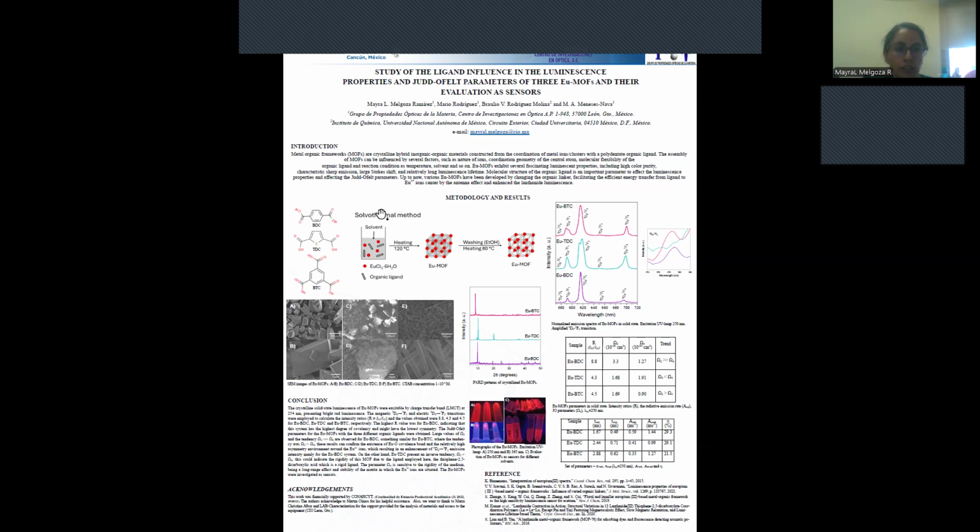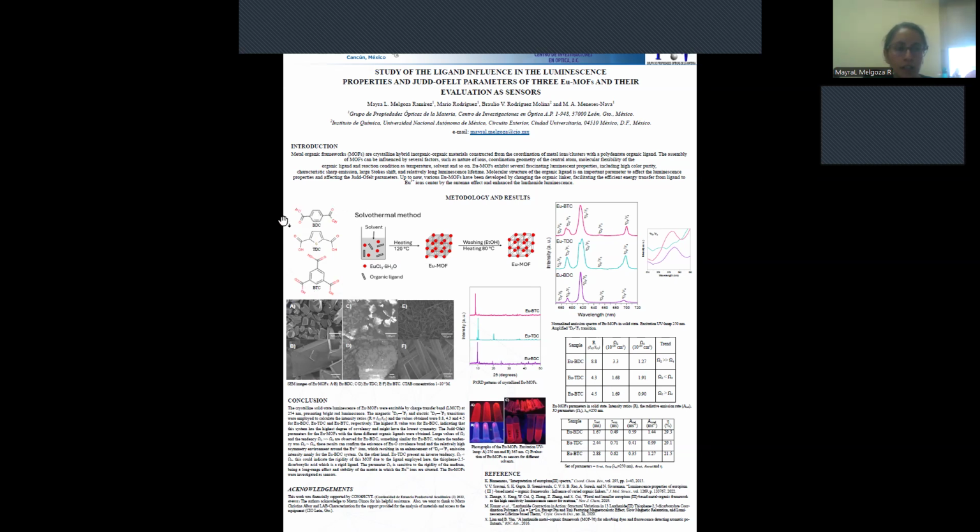Here we use 3 different ligands. Here we have their chemical structures. We can abbreviate them as BTC, TTC, and BTC.